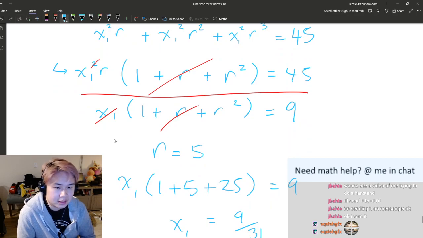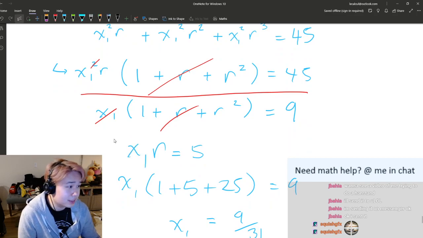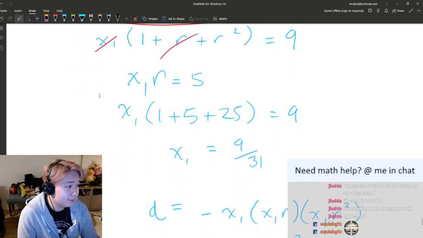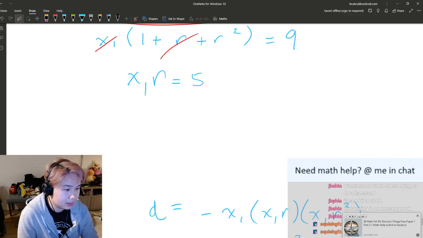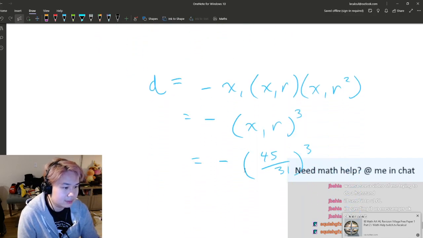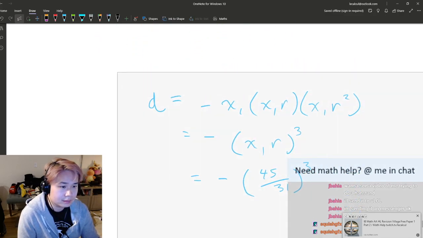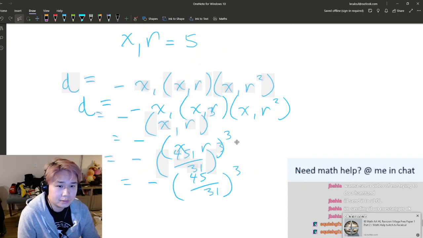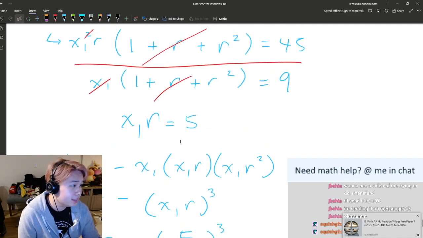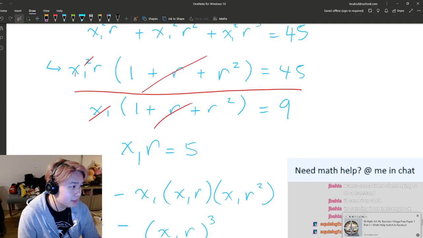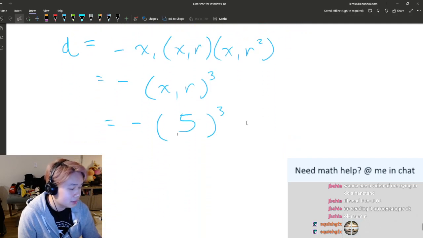Oh, this is x1 times r is 5. So we don't know this stuff. And then this is 5. Silly me, there's an x1 times an r. Okay, there you go.